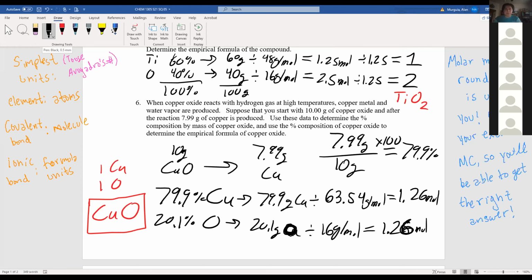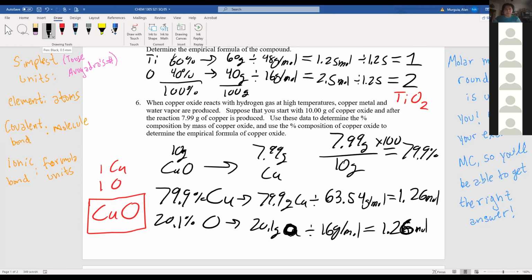So to get the percentage, we divide 7.99 by 10 and multiply by 100. So there's 79.9% copper within copper oxide. And with that number, we can determine the percentage of oxygen, which is 20.1.